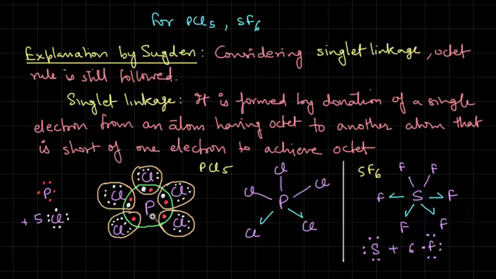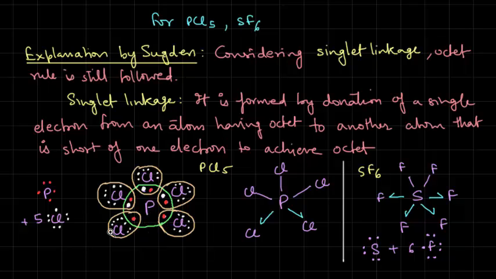In the case of PCl5, phosphorus has 5 valence electrons and chlorine has 7. Three of phosphorus's valence electrons are shared with chlorine in normal covalent bonds, and for the other 2, this electron is donated by phosphorus to chlorine, and this electron is also donated by phosphorus to chlorine.